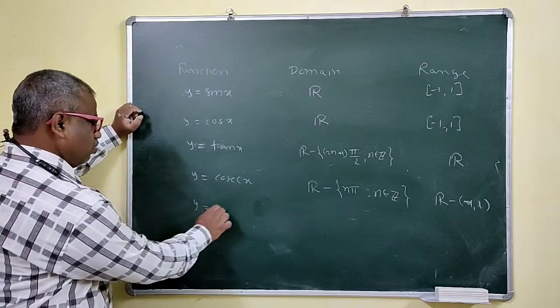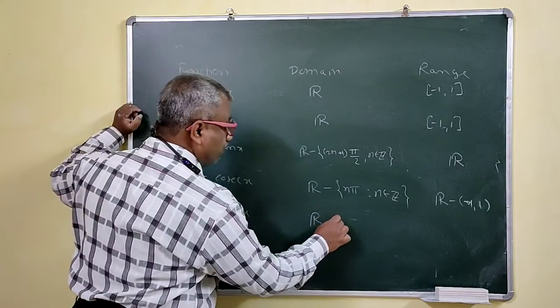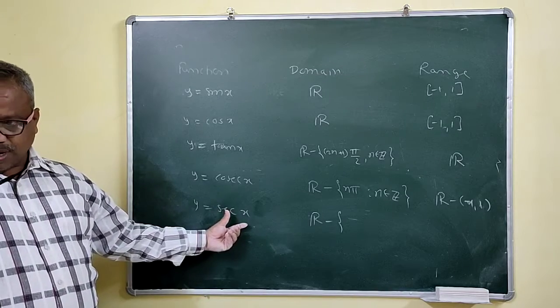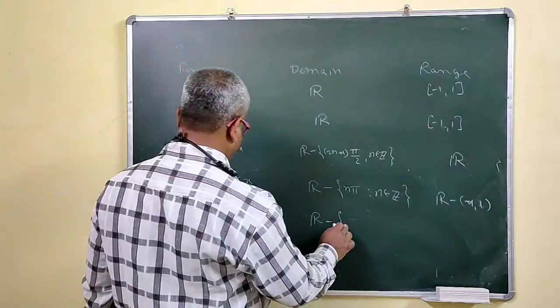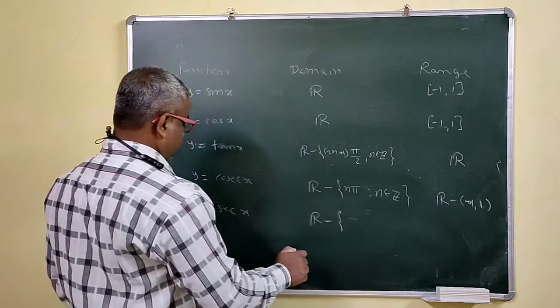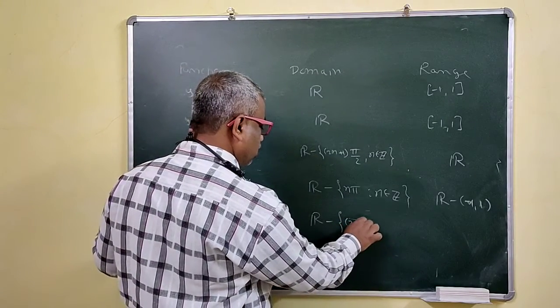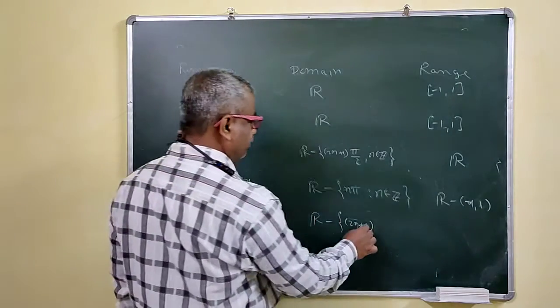Then y is equal to sec x. Your domain is where cos is 0, so you have to remove that point from R. Cos is 0 at odd multiples of pi by 2, that is twice n plus 1, the same thing as for tan.